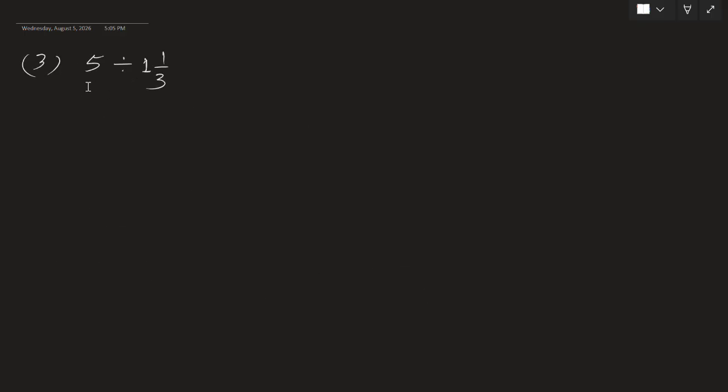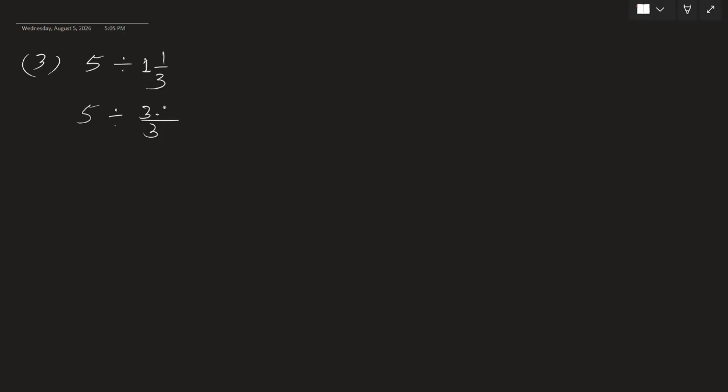So our next problem is 5 divided by 1 and 1 over 3. So how do we convert it? Let's rewrite it as 5 divided by, and we have to convert this mixed fraction into an improper fraction. We keep this 3 at its place and we multiply this 3 by this 1.